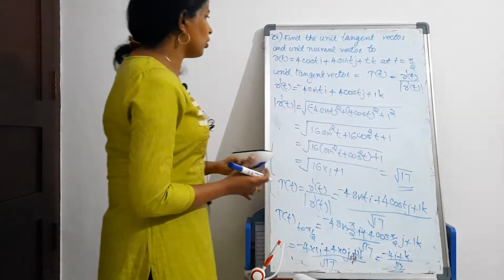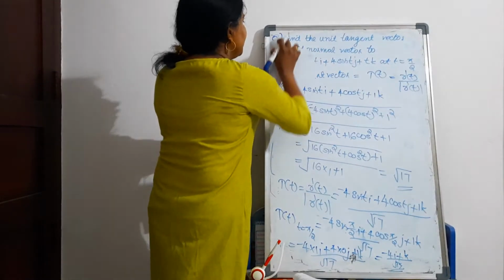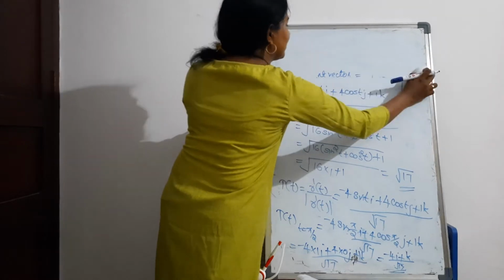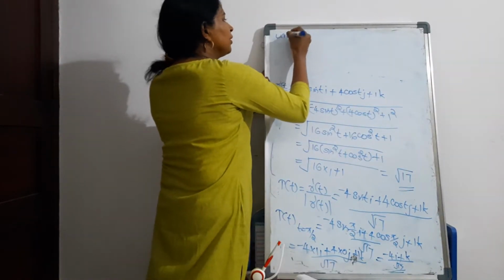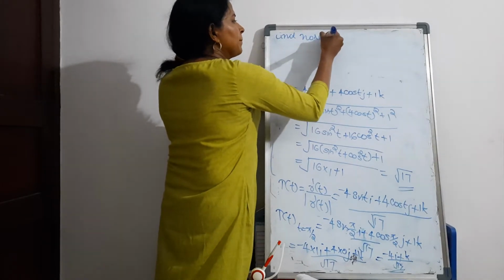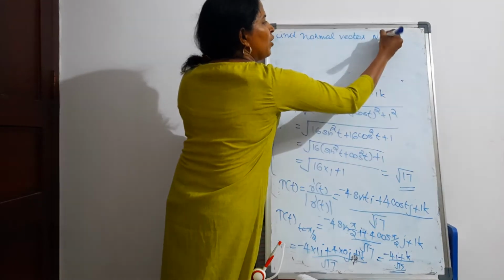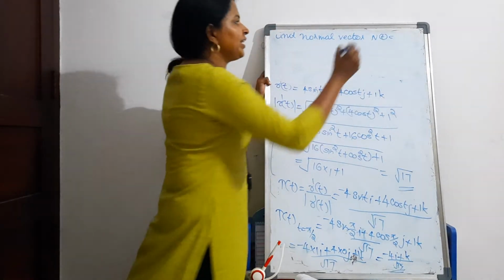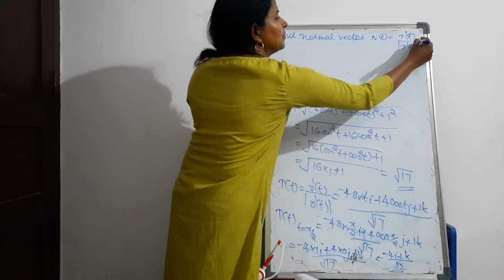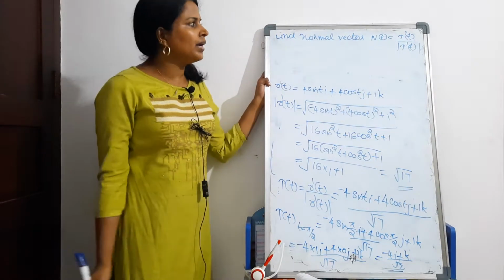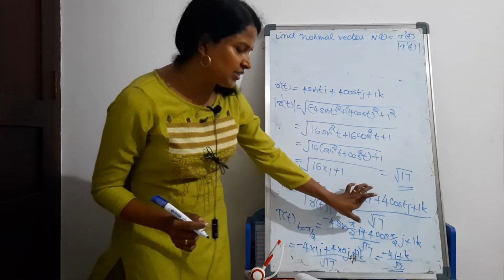Then the next question is the unit normal vector. The unit normal vector is denoted as N of t and is defined as T dash t by mod T dash t.